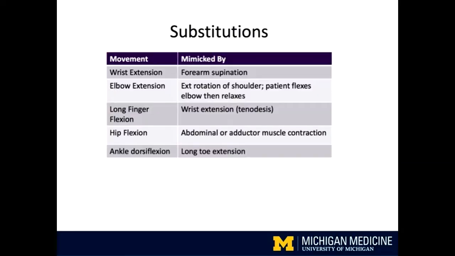So the reason I kept this slide in is mostly for the therapists. A lot of the times we have substitutions that patients are doing because they're really trying to get that movement correct for you and for themselves. The wrist extension is one substitution of you supinating your wrist and us thinking you actually jerked your wrist up, okay?